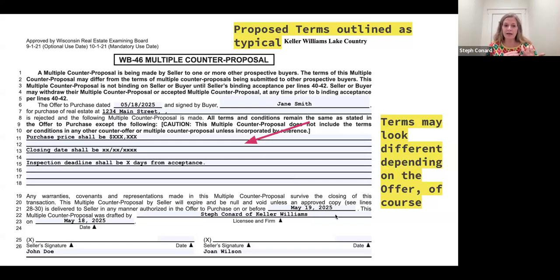There's a distinction here, the term approved versus accepted. So you're going to identify the first date, meaning, okay, Mr. Buyer, here is the multiple counter offer. You need to approve it and send it back to me by May 19th. You're going to identify who drafted it and when. The seller is going to sign on line 25 and 26. Okay.